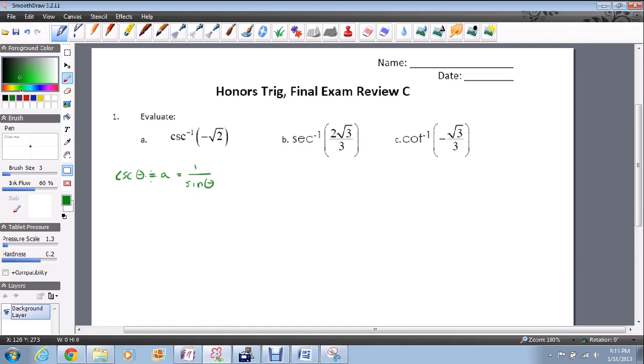So the cosecant of theta equals some value, we really don't care what it is right now. But that's the same thing as saying 1 over the sine of the same angle equals that, because again, cosecant and sine are reciprocal functions.